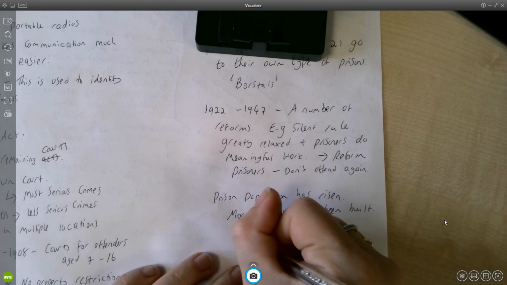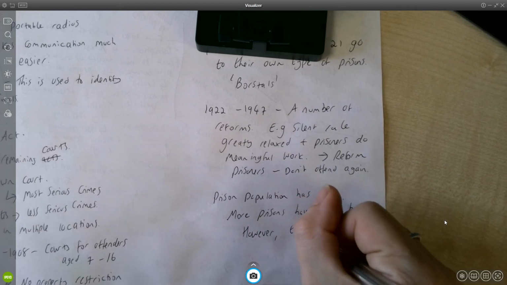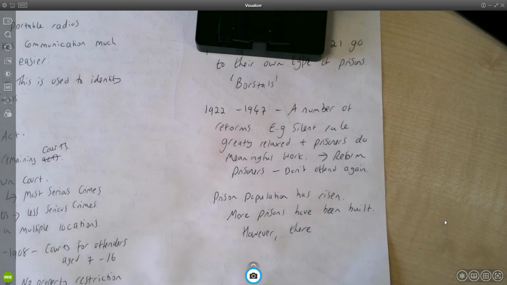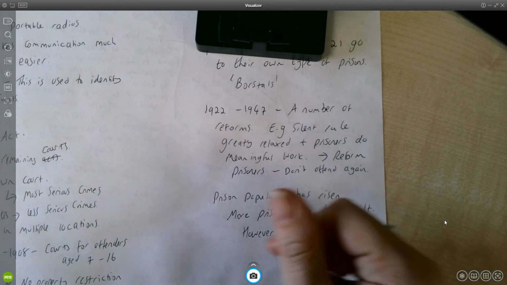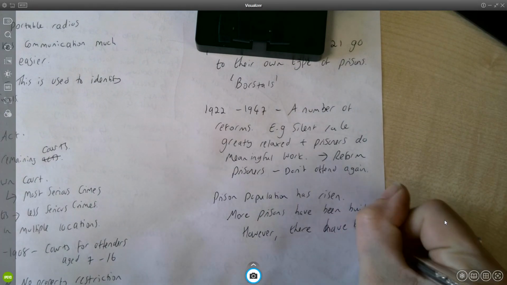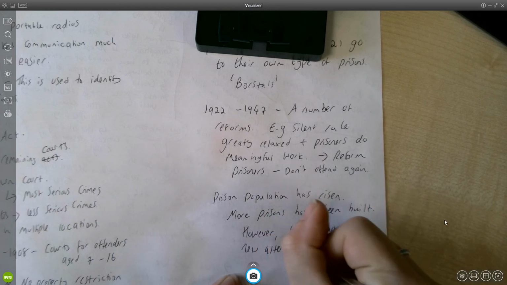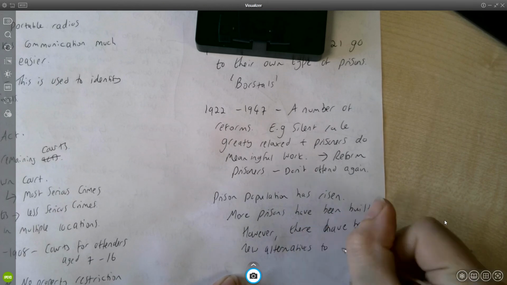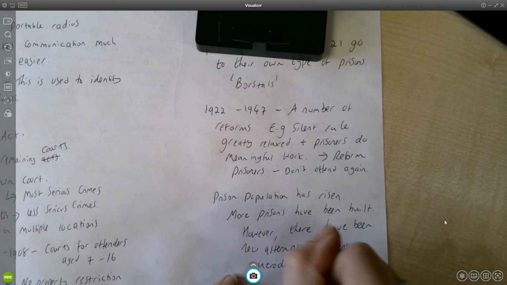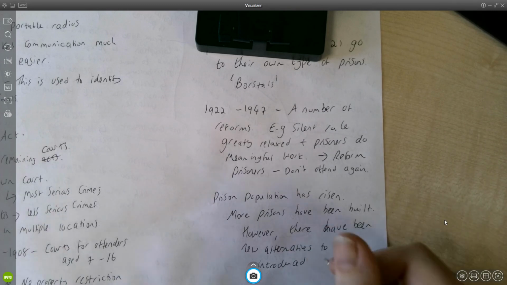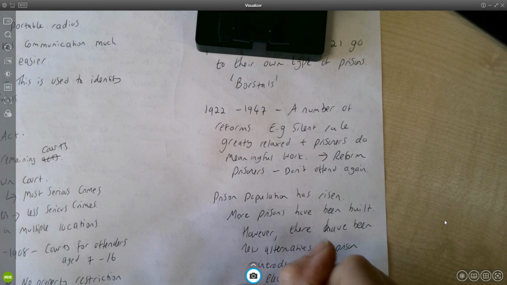However, there have also been moves to try and move away from prisons, and there have been new alternatives to prison introduced, such as electronic tagging and community service.